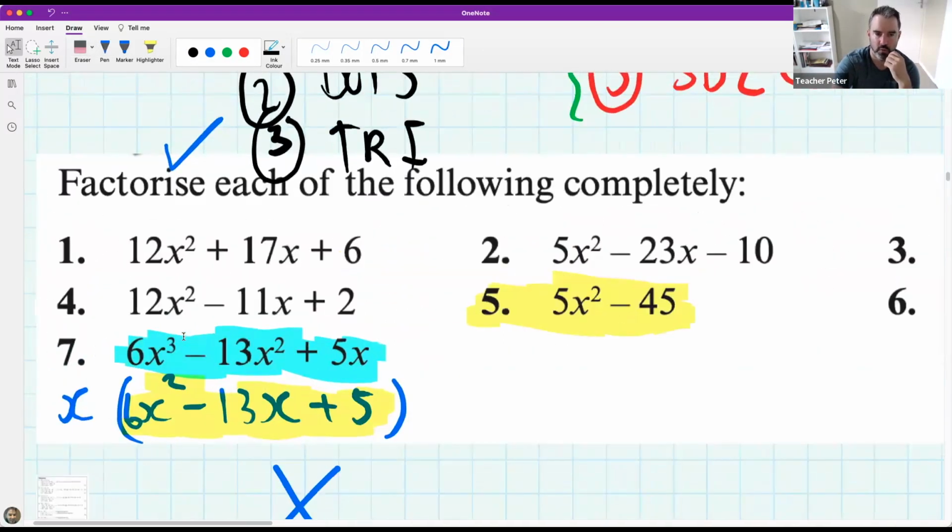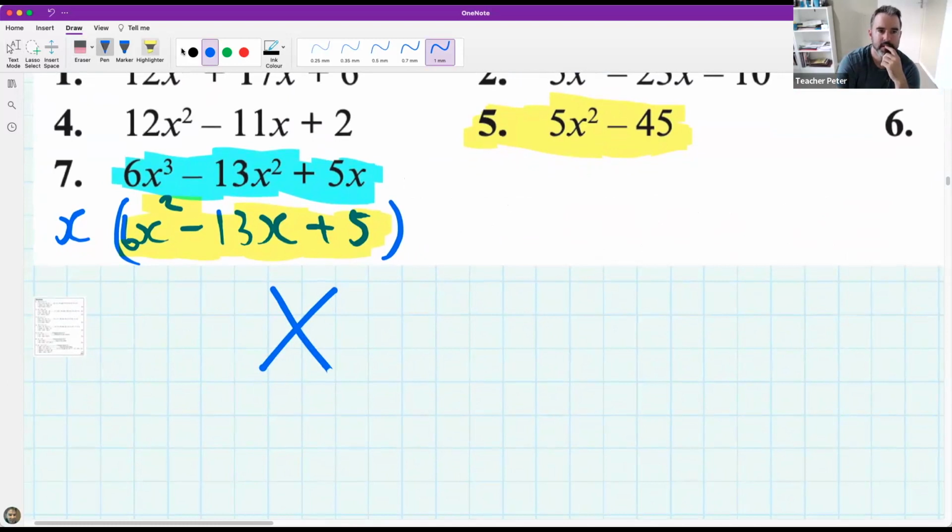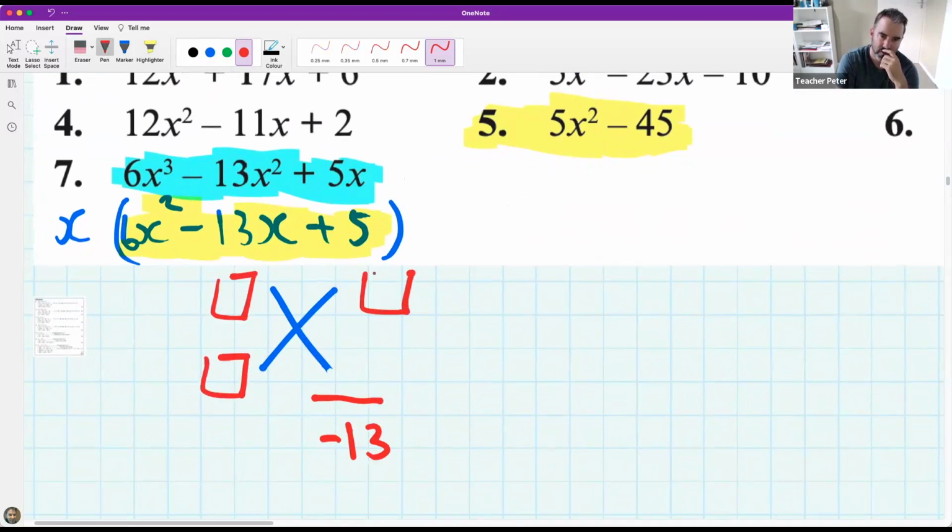I'll zoom in so you can all see nice and clearly. So I know that these two have to be 5 and 1.